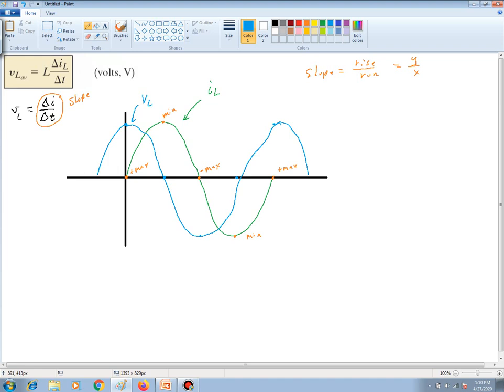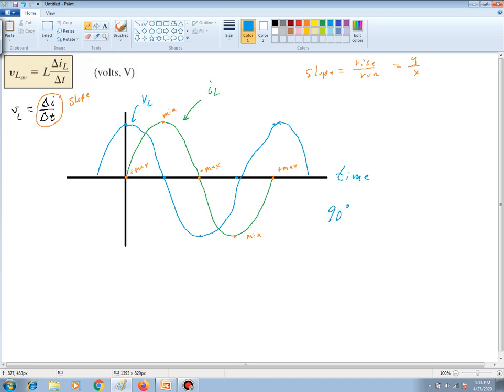One of the things that is apparent here is that the voltage and the current are not occurring at the same time. This is your time, your x-axis. If the voltage and the current are not following each other with respect to time, then they are out of phase. So the voltage and the current are out of phase by 90 degrees.